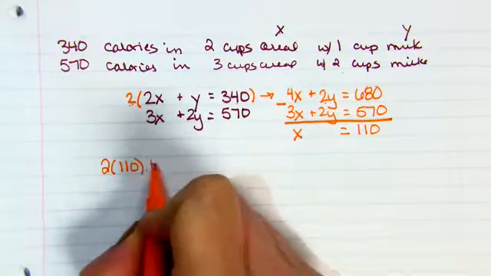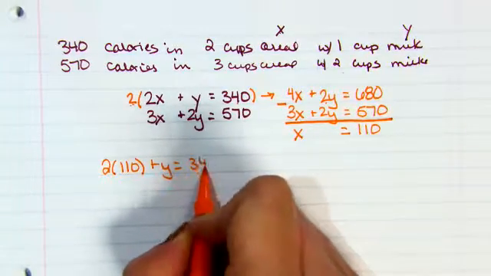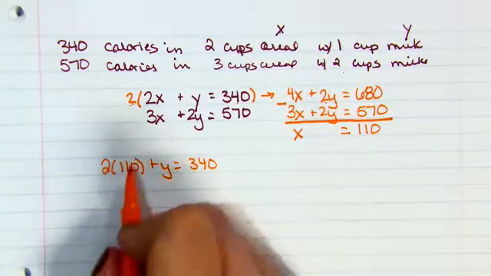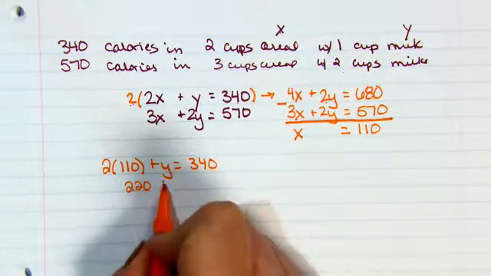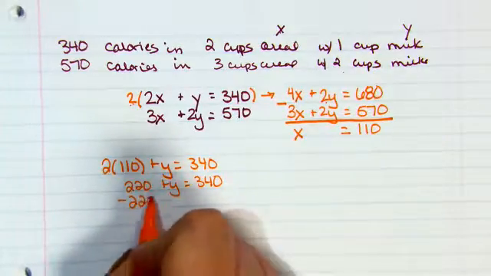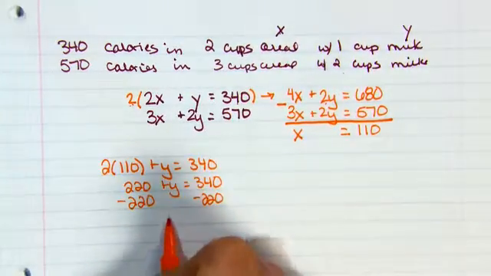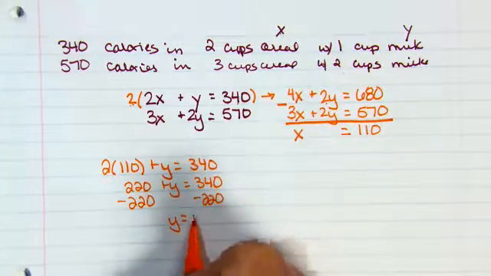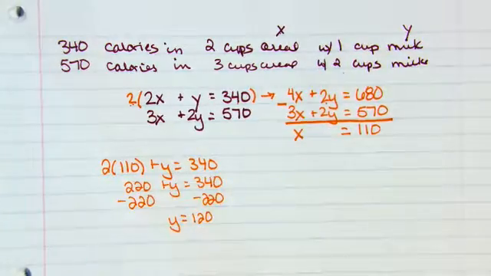2 times 110 plus y equals 340. So those 2 cups of cereal are 220 calories. If I subtract 220 from each side, I get that 1 cup of milk is 120 calories.